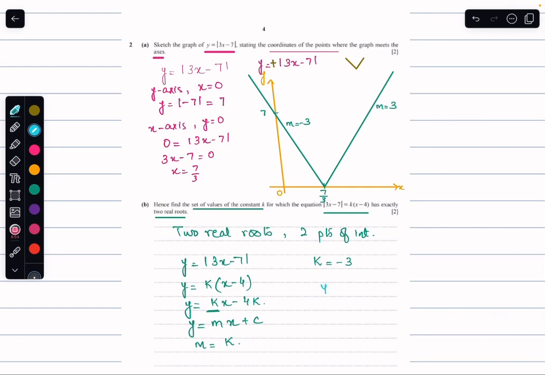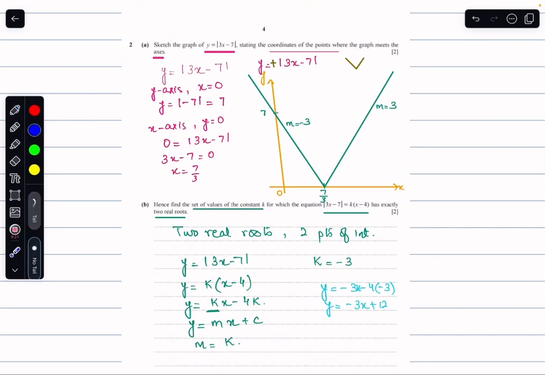If I substitute k with negative 3, this is negative 3x and negative 4 times negative 3, so it becomes negative 3x and a positive 12. So it has the y-intercept of 12 with the gradient as negative 3, and the x-intercept shall be equal to 4.